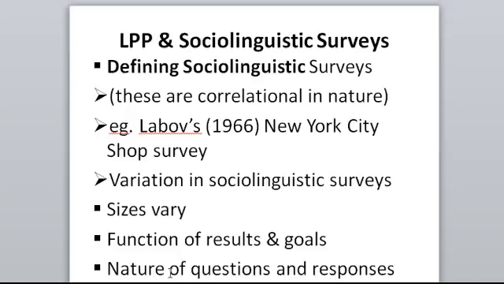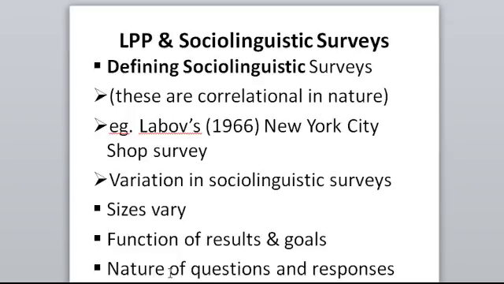This is where associations are drawn, and these associations are not causal relationships, and therefore are not established among variables. What this means is that where associations are drawn but causal relationships are not established among variables, then you have the data that explains the sociolinguistic surveys.